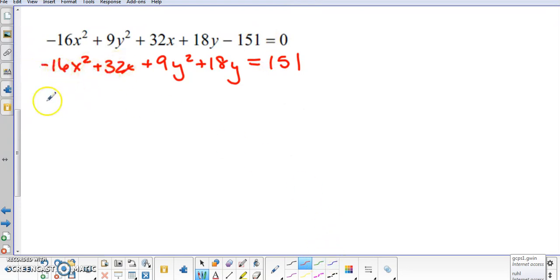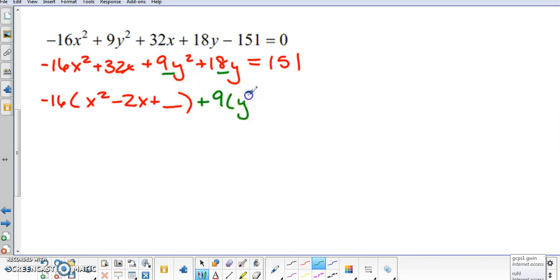With the x's, they both share a negative 16, so that's going to give me an x squared minus 2x. I have to remember that I'm switching the sign here because I'm dividing out a negative 16. So 32 divided by negative 16 is negative 2. Then here I've got plus, and they both share a 9, so I'm going to pull out a 9.